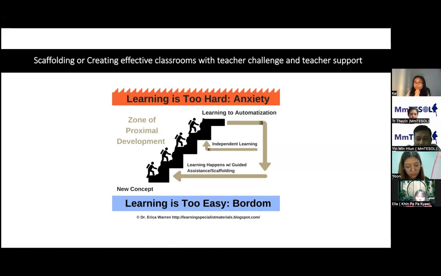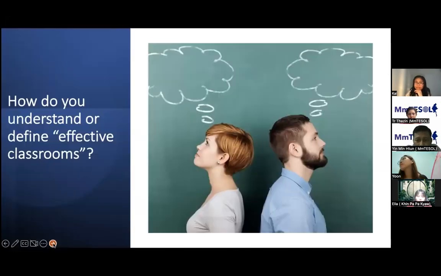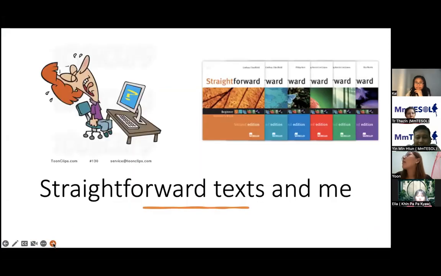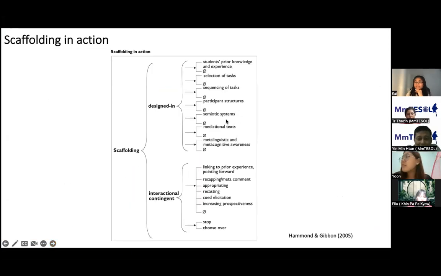Also, for lower level students, we had better use semiotic systems. In lower level classes here, I always put up graphs and pictures. For example, today let's say my topic is fashion.